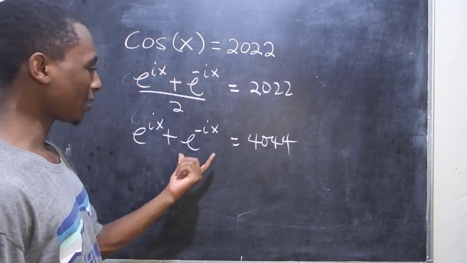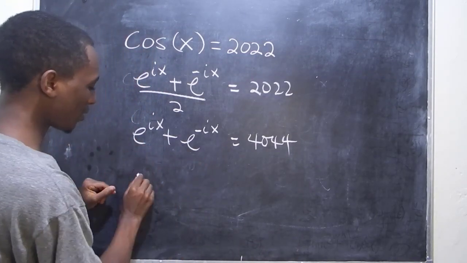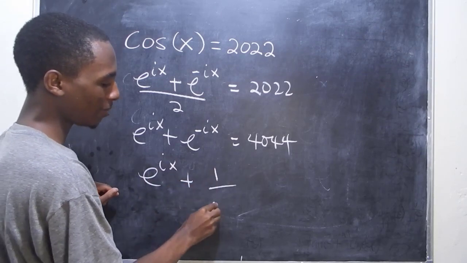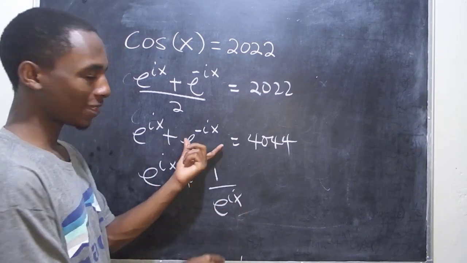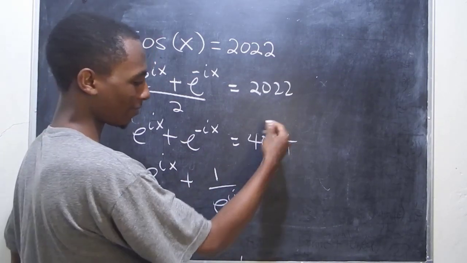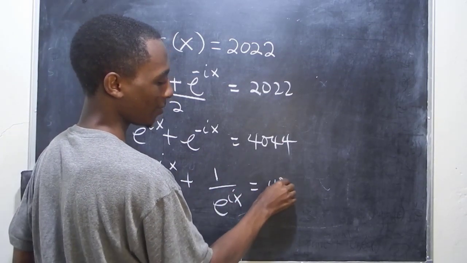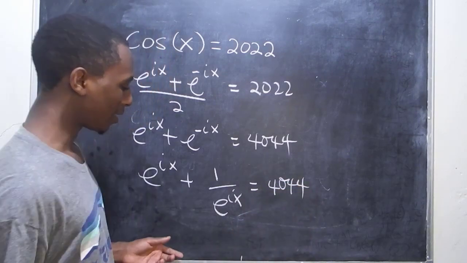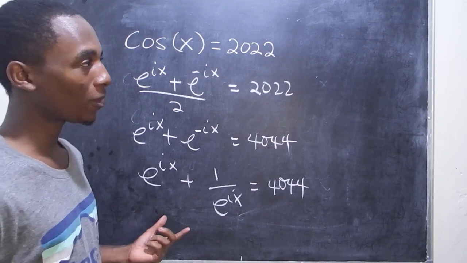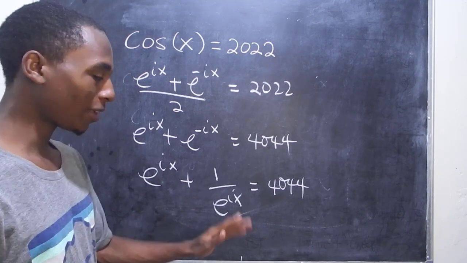Okay, nice. So I'll just write this as e to the power ix plus 1 divided by e to the power ix. This is the same as 1 over e to the power ix. And then, of course, this is 4044. Now I'm going to multiply e to the power ix on the whole equation.